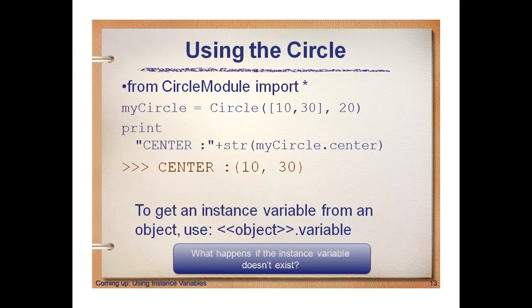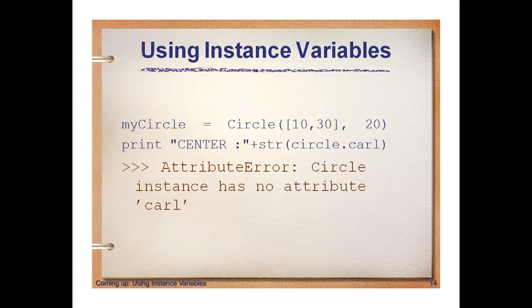To understand what happens here next, we see myCircle is equal to Circle, and we are putting some data here. If the information has not been defined and we call some information which we have not provided, then we always face an error, right? For example, in this example, I wish to call something known as CARL, but there is no attribute in my main class named CARL.